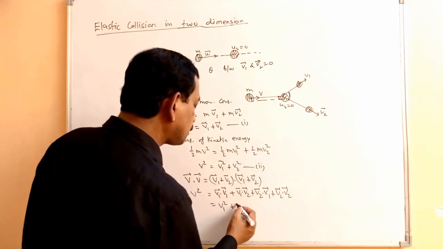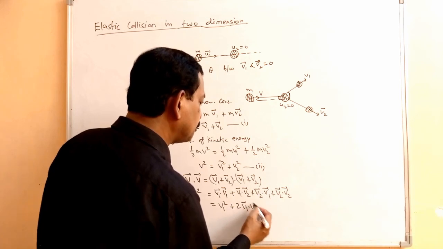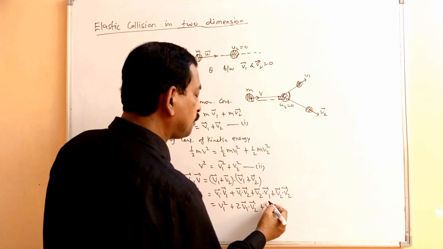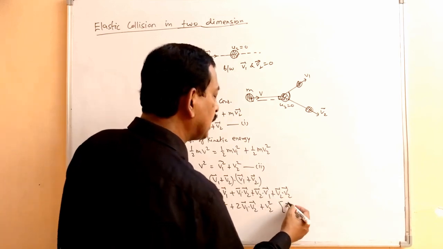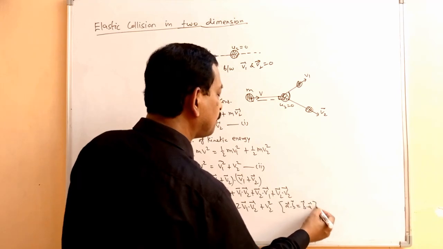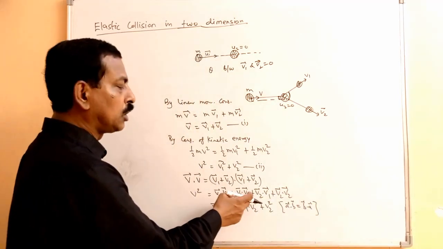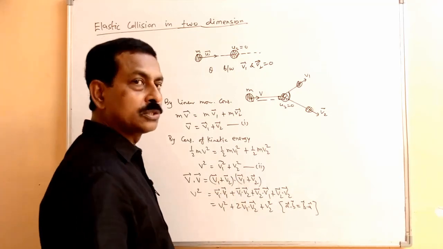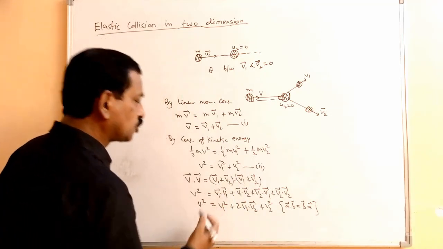This will be 2 times v1 dot v2 plus v2 square. Now why? Because a dot b is same as b dot a. So we can take v1 dot v2 equals to v2 dot v1, and we can write it as 2 times. So this is your v square.